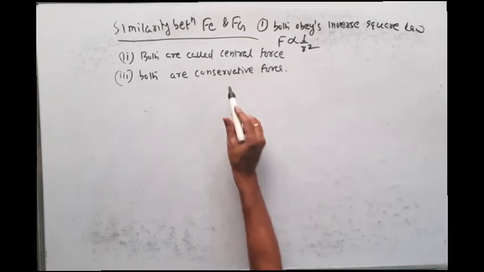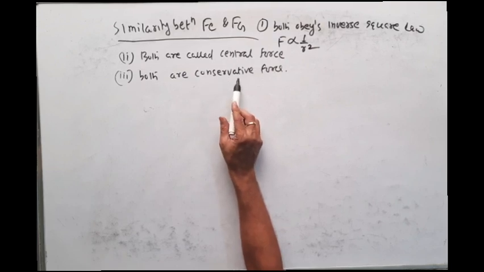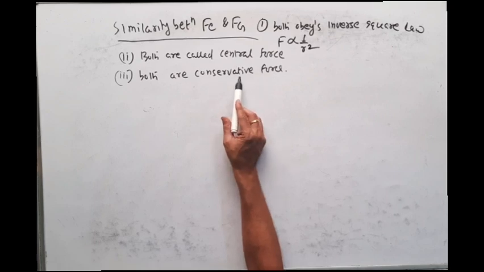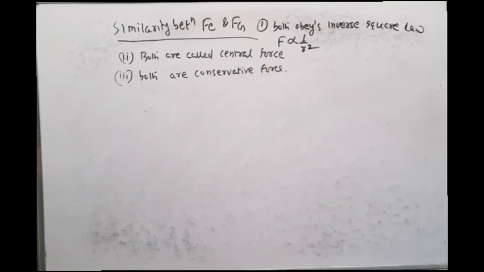What do you mean by conservative force? We have read in the mechanics chapter. A conservative force is that force by which or against which, when work is done, that work is independent of the path followed. It depends upon only the initial position and final position. So both forces are conservative forces.